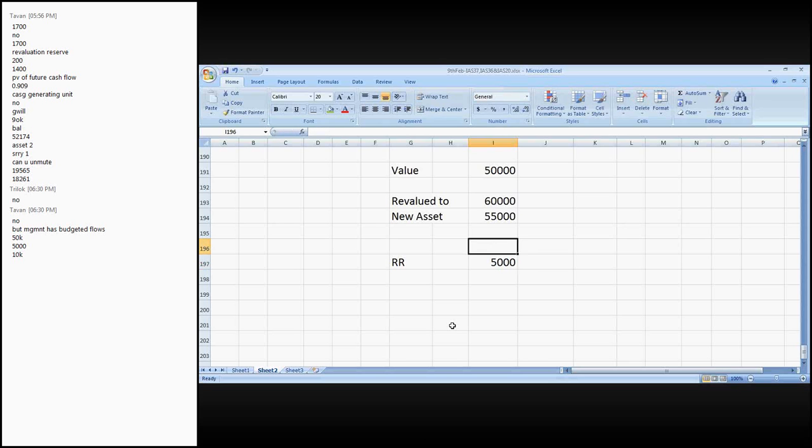It has again suffered impairment of 10,000, so the asset becomes 45,000. My revaluation reserve has only 5,000, so it becomes 0. The remaining 5,000 will be charged to the income statement, the profit and loss account. Clear?